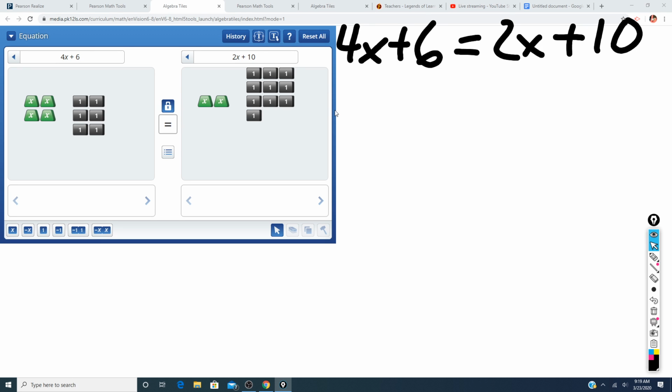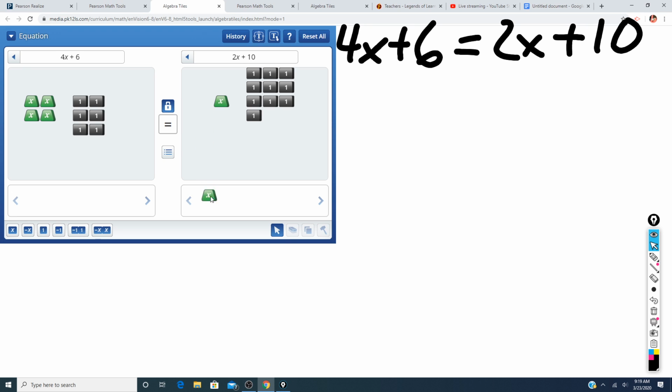Now, for the sake of what we're going to do with our little tool here, those of you in 8th grade remember me saying we want to kick a number to the other side. So in this specific instance, we're going to subtract 2x from both sides.